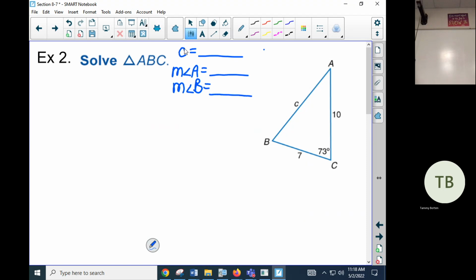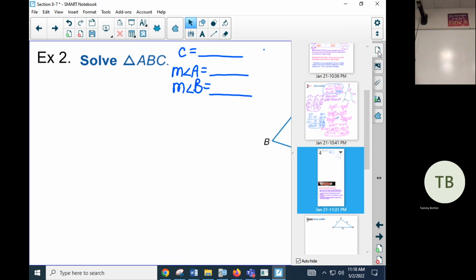Okay. And if I go and write in here, if this is angle C, this is little c. This is angle A, this is little a. And if this is angle B, this is little b. So again, we have side angle side.